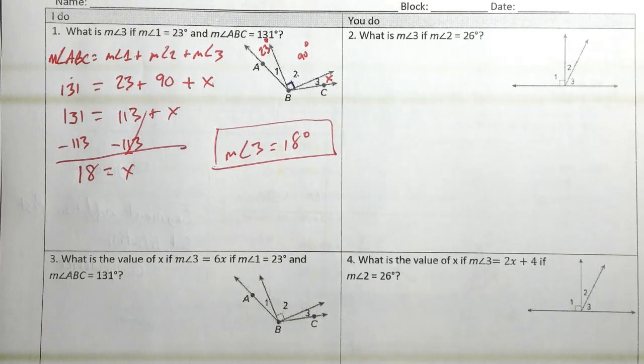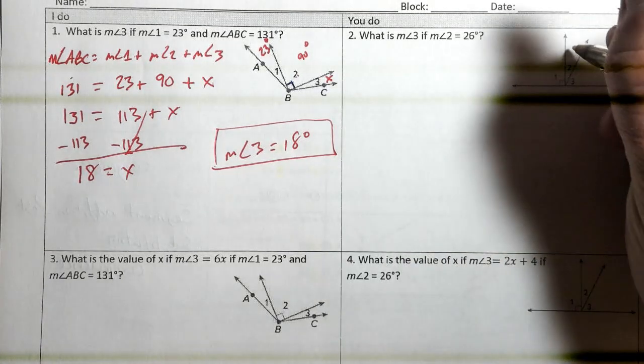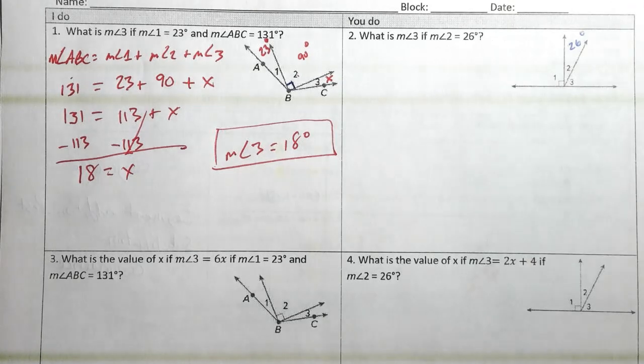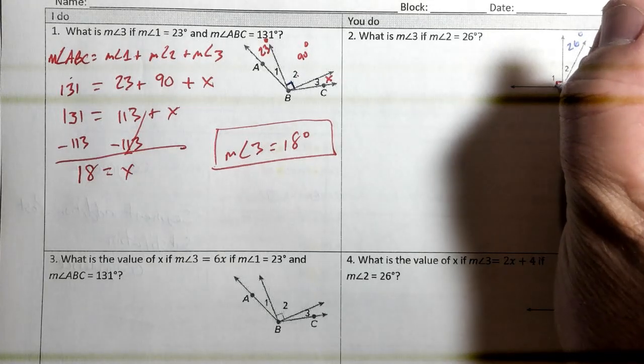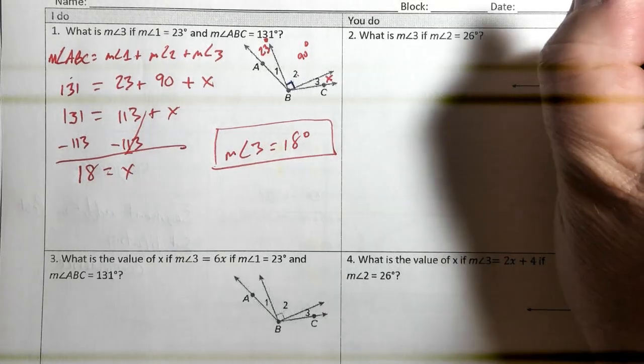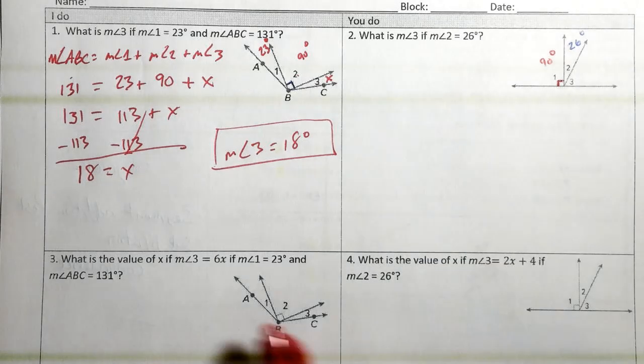Alright, number 2. What is the measure of angle 3 if angle 2 is 26 degrees? Alright, well, I hope you guys first noticed the box here. So that means angle 1 is 90 degrees. Angle 2 is 26.